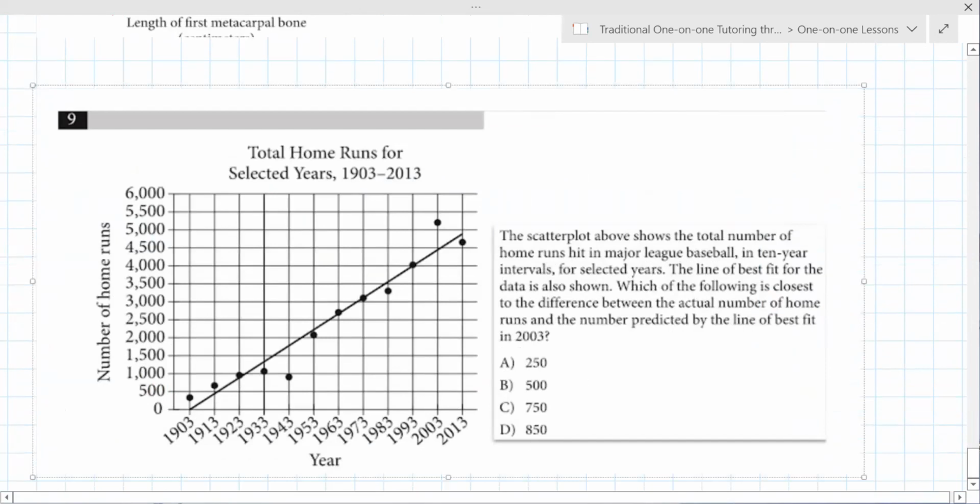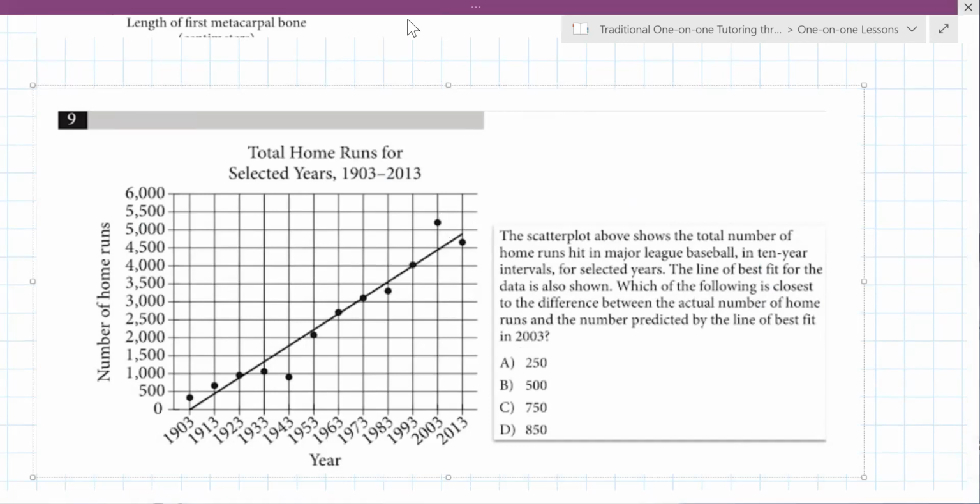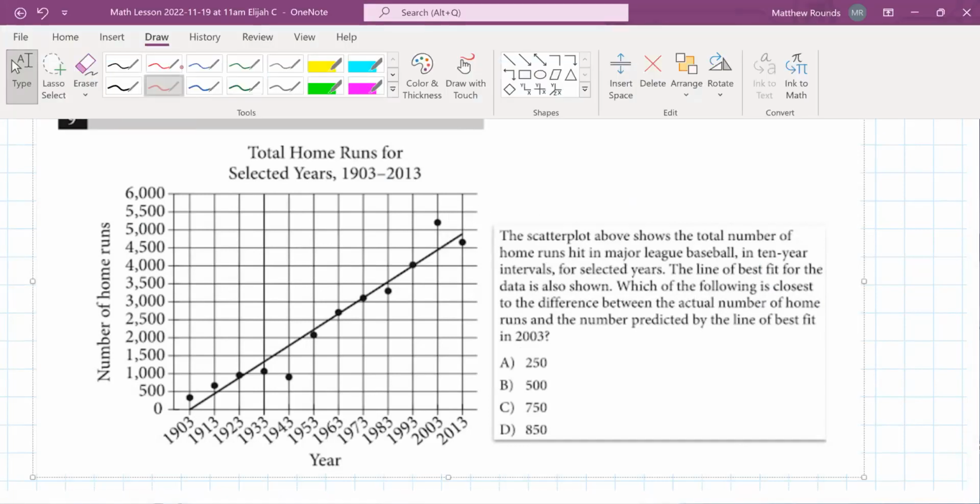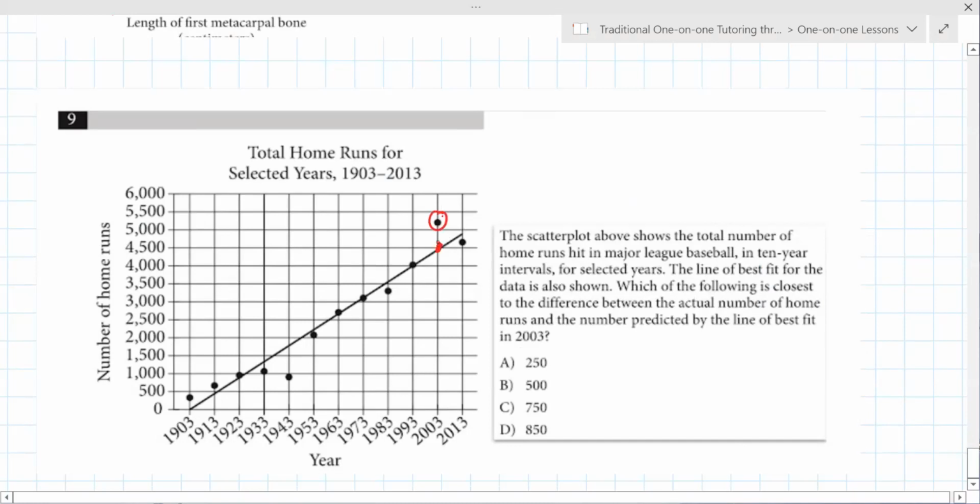So for 2003, it'd be what? 5,250-ish to 4,500. Somewhere in there. So the difference would be 500, 700. Yeah, you said the right numbers. 5,250 minus 4,500. So 750. Yeah, 750.